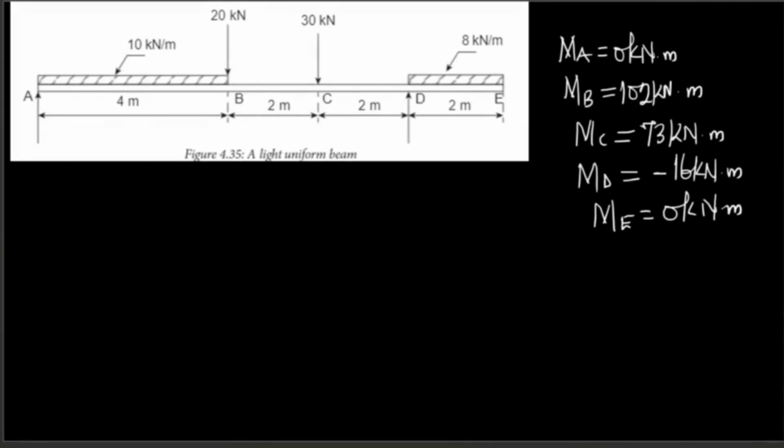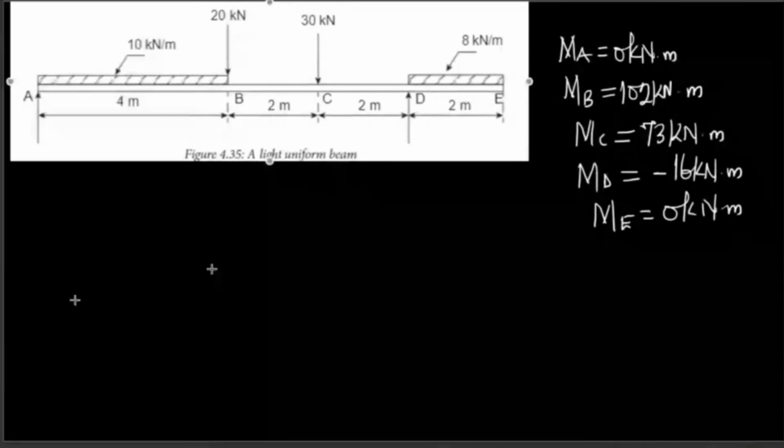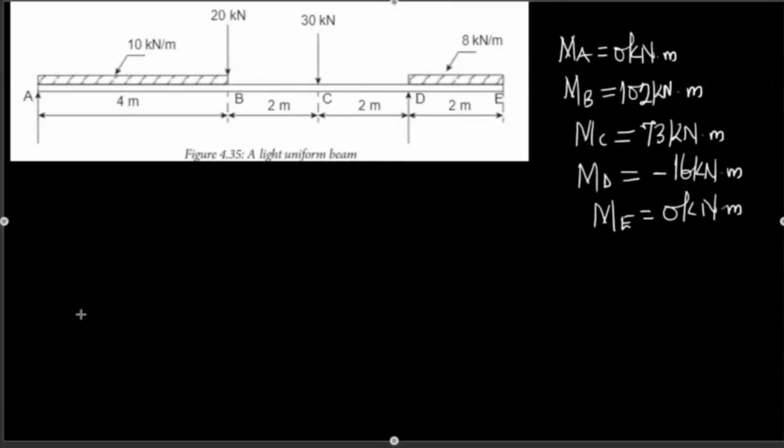Then bending moment at E is equal to 0. Okay, now the bending moment diagram is the easiest. I told you that the bending moment diagram must be beneath the shear force diagram. Because there is no space, that's the reason why I'm drawing it like this.